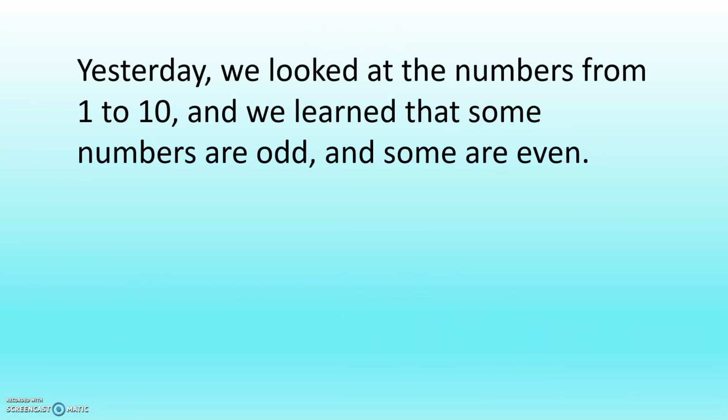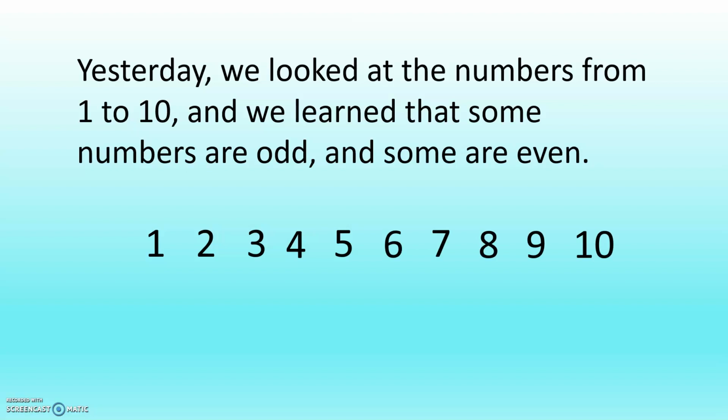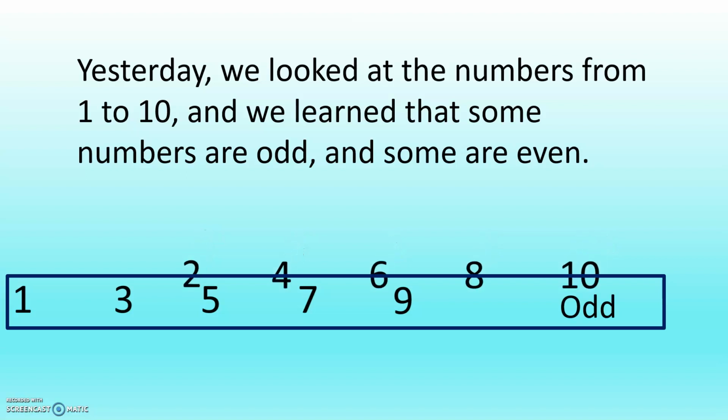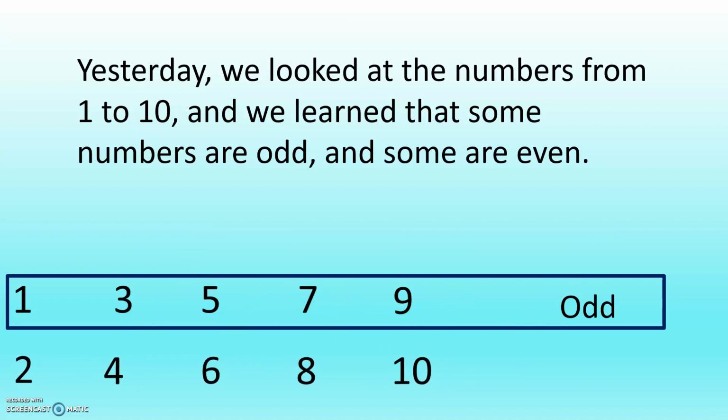Yesterday we looked at the numbers from 1 to 10 and we learned that some numbers are odd and some are even. 1, 2, 3, 4, 5, 6, 7, 8, 9, 10. And remember we separated the odd numbers, 1, 3, 5, 7, and 9, and the even numbers, 2, 4, 6, 8, and 10.